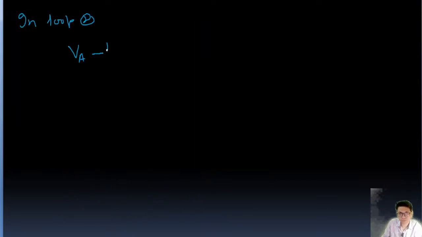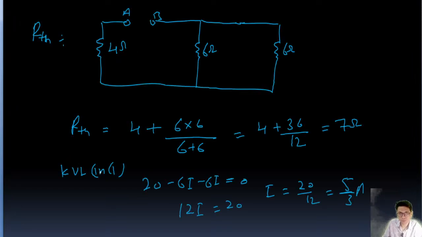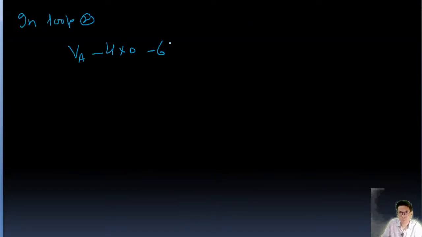Minus 4 into 0 minus 6i equal to VB. So this is going to be VA minus VB, that is V Thevenin.